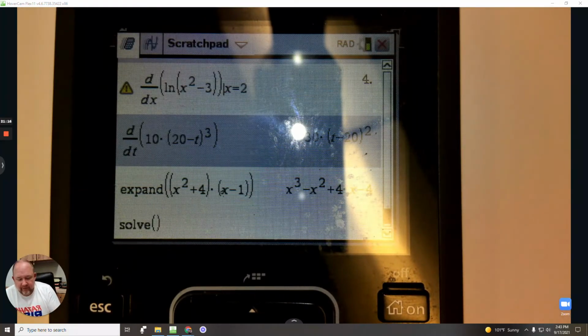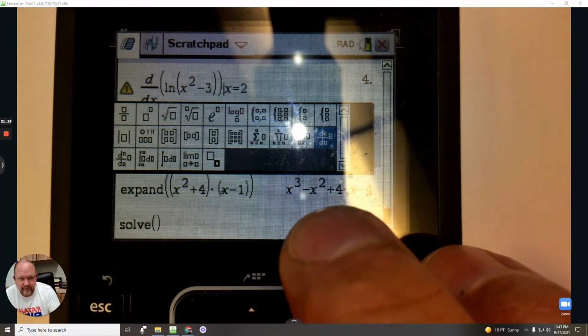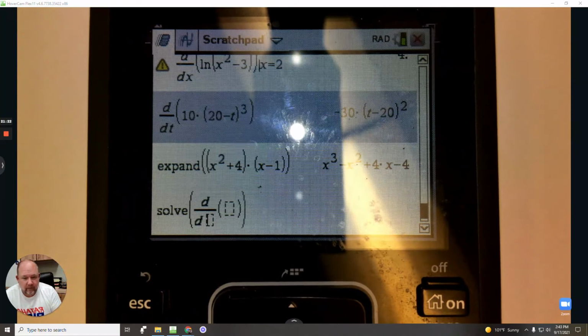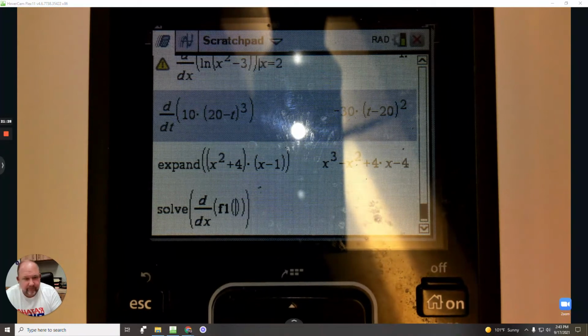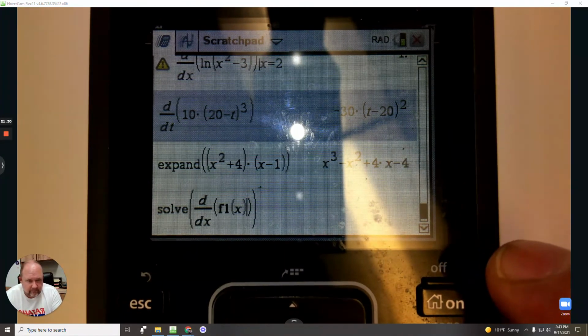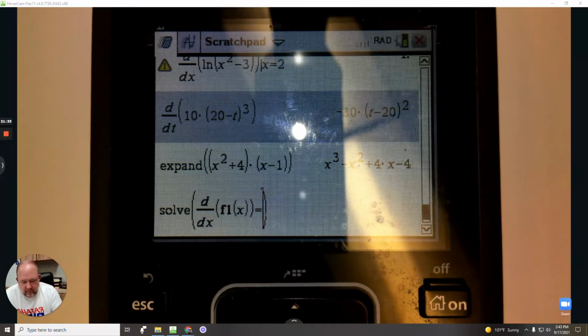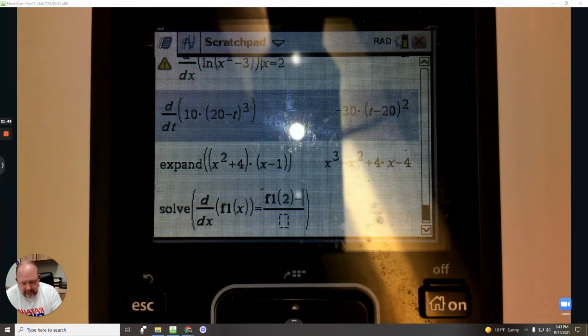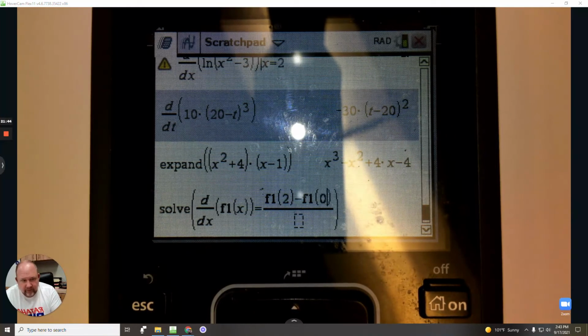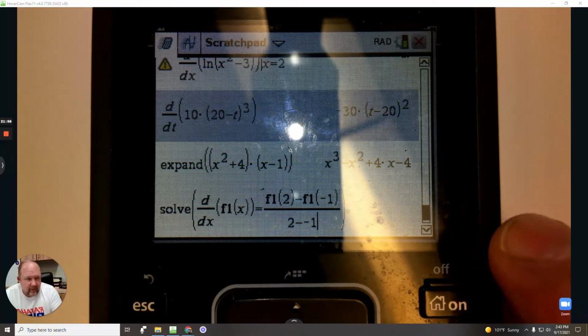And my equation is the derivative of what I just typed in, which is f1 at x, equal to f1 at 2 subtract f1 at negative 1, and then 2 subtract negative 1, and then go comma x at the end.